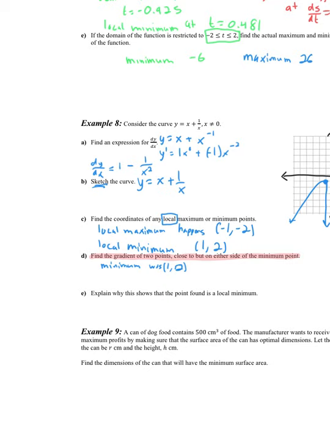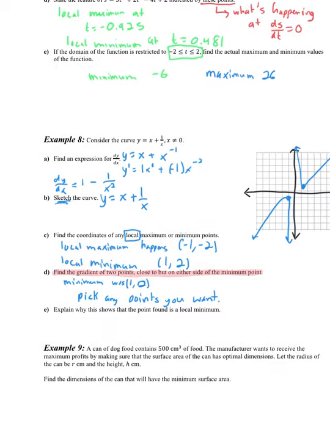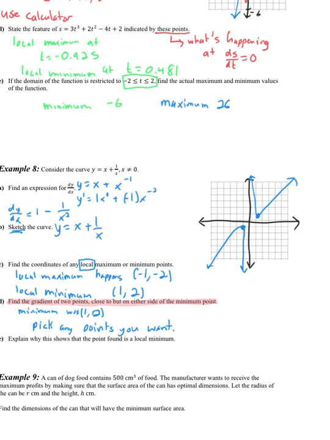So like I can say, we can pick any point we want. The only rules are it's got to be on each side of the point 1, 2, and it's got to be on the same continuous segment. So for example, what I mean by that is I've got the point 1, 2 right there.